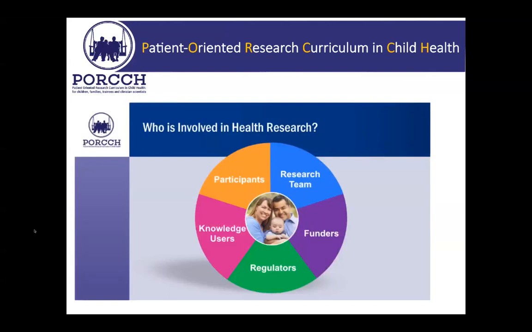So who is involved in health research? This is a screenshot of the wheel, which describes the different participants: participants, research team, funders, regulators, knowledge users. When you go through this module, you click on each of the items, and it describes, for example, the members of the research team.